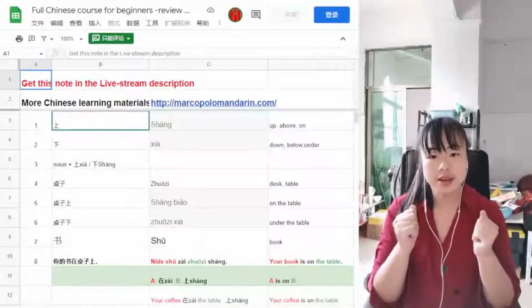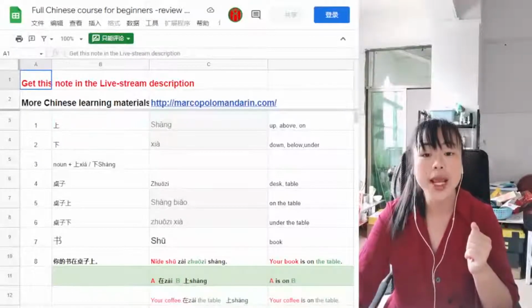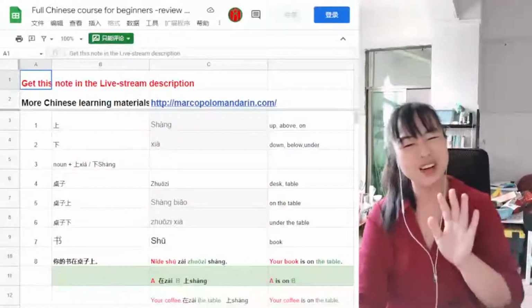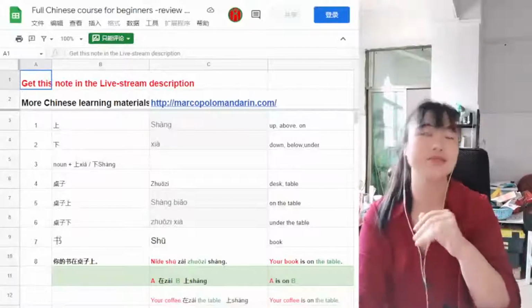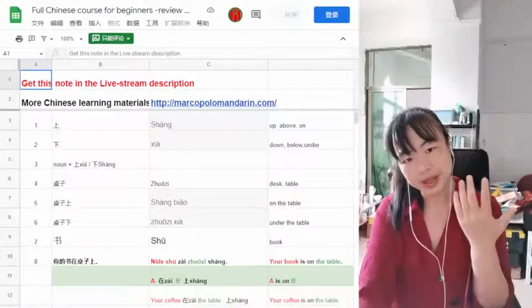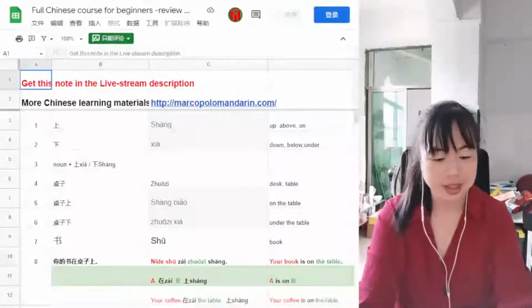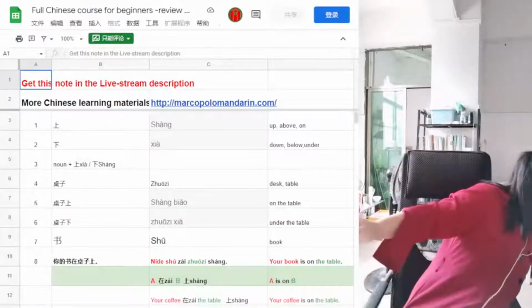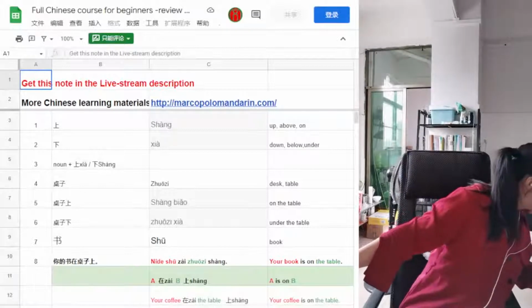In real life, we may use another word. It's not another word, just the same word, but in different ways. Okay. 上边, let me check. This is on your HSK list.